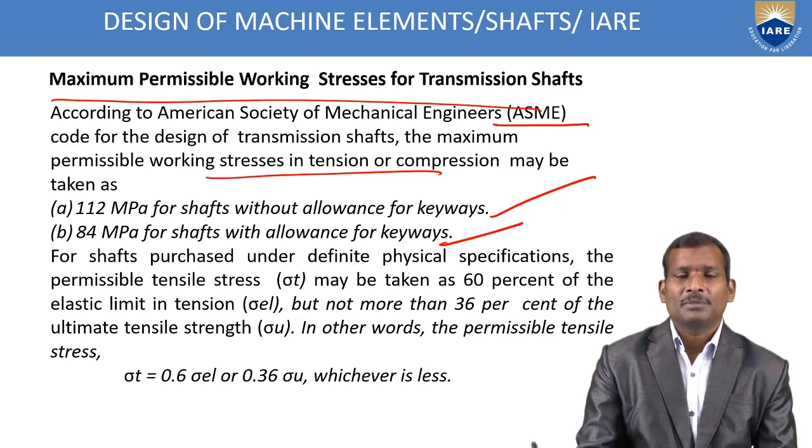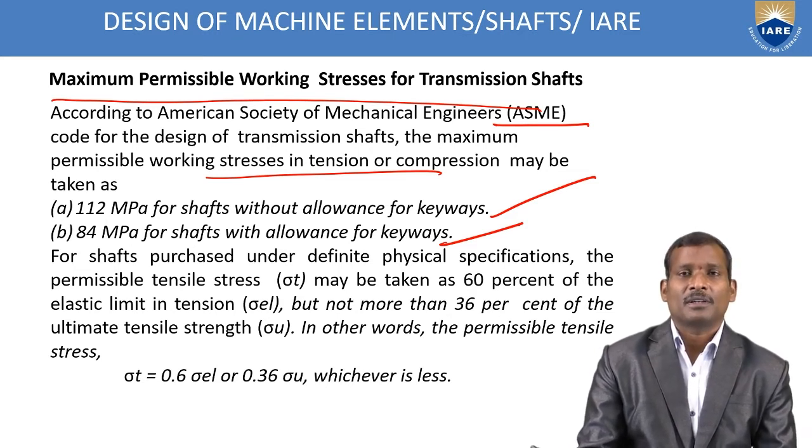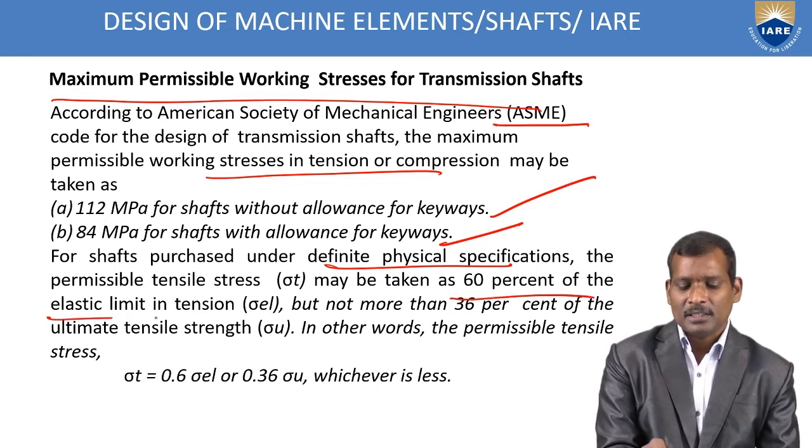While designing a shaft, according to the ASME code, you should take these stresses. These are the standard permissible working stresses. Take 112 megapascal without allowance for keyways, and if considering allowance for keyways, 84. For shafts purchased under definite physical specifications, the permissible tensile stress may be taken as 60% of the elastic limit in tension.